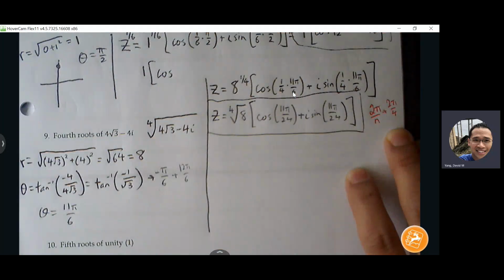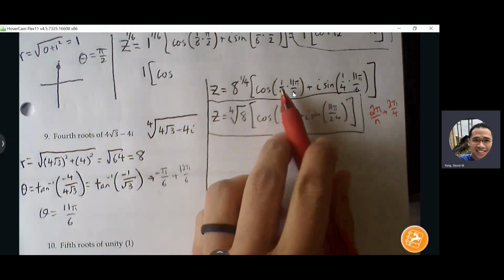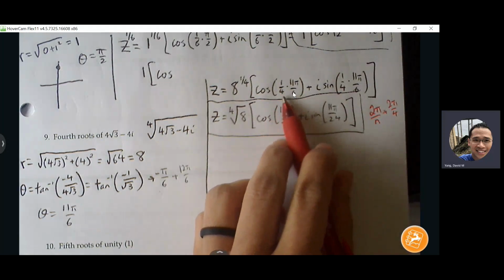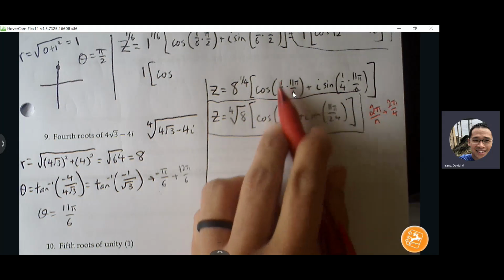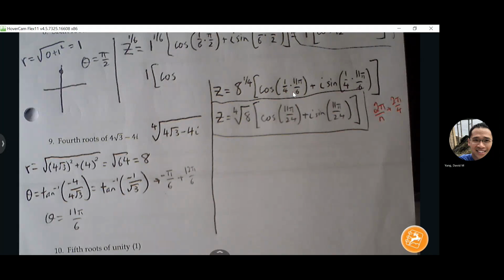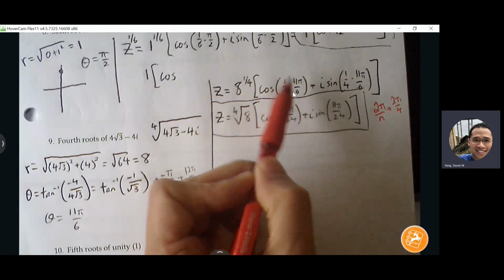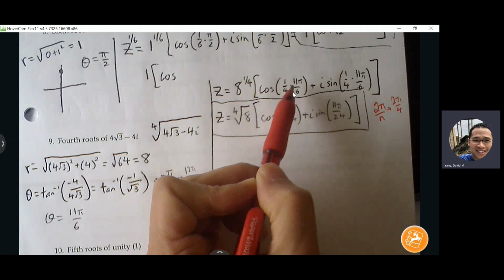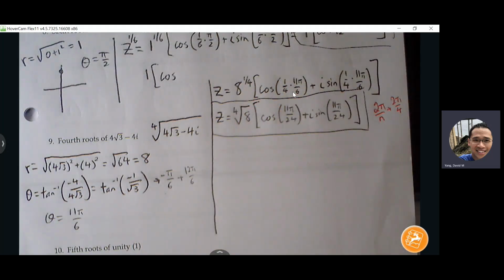11 pi over 6 times 1/4. You can either divide by 4 or multiply by 1/4. I think it's easier to do 1/4, especially if I'm dealing with a fraction. But let's say theta was like 30 degrees, then I would do 30 divided by 4. If it's a fraction, I typically like to push my n out as 1/n.